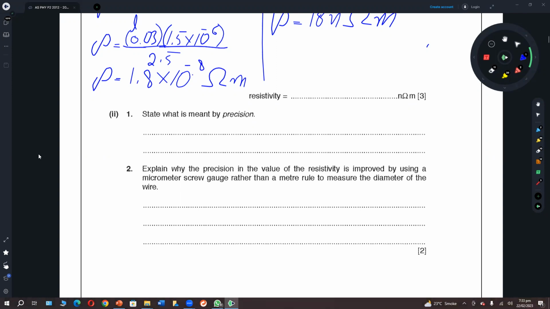It is the measure of the extent to which values are close to each other. In simple terms, how much values vary in range. So if values are very close, you will say that it is precise.